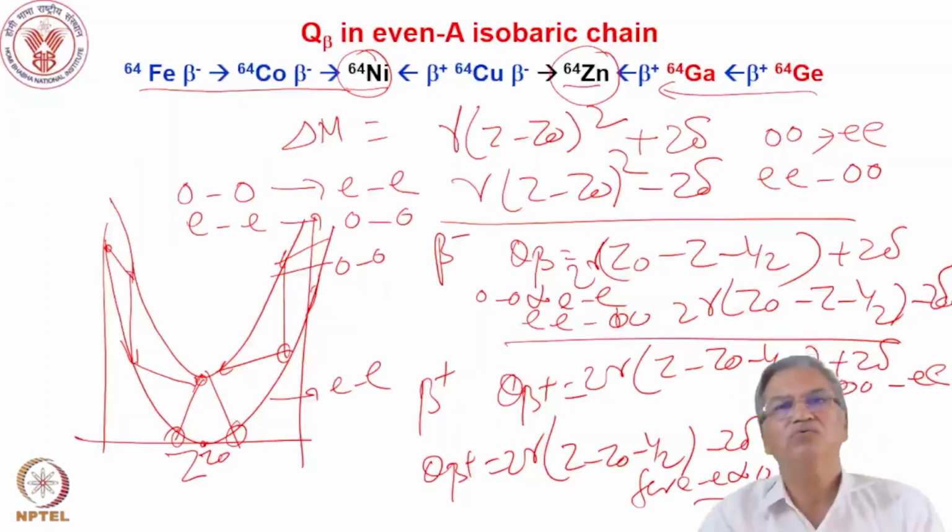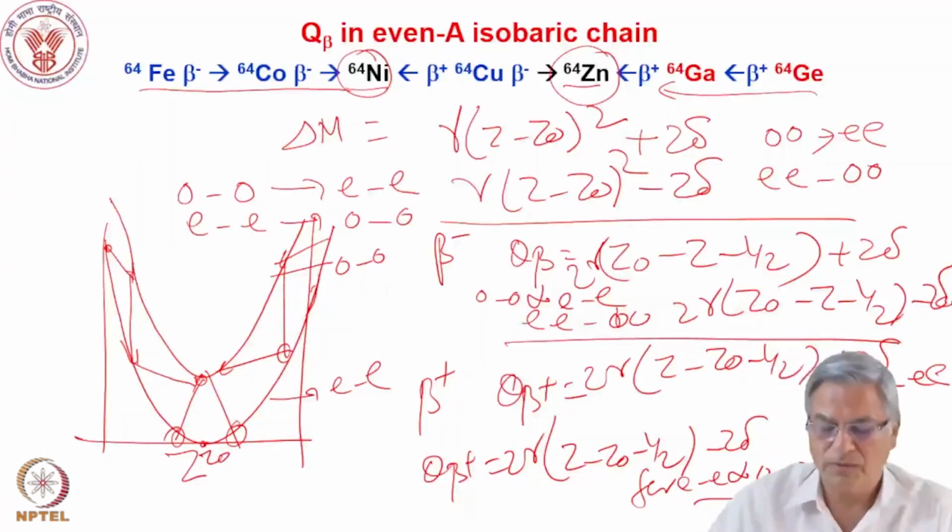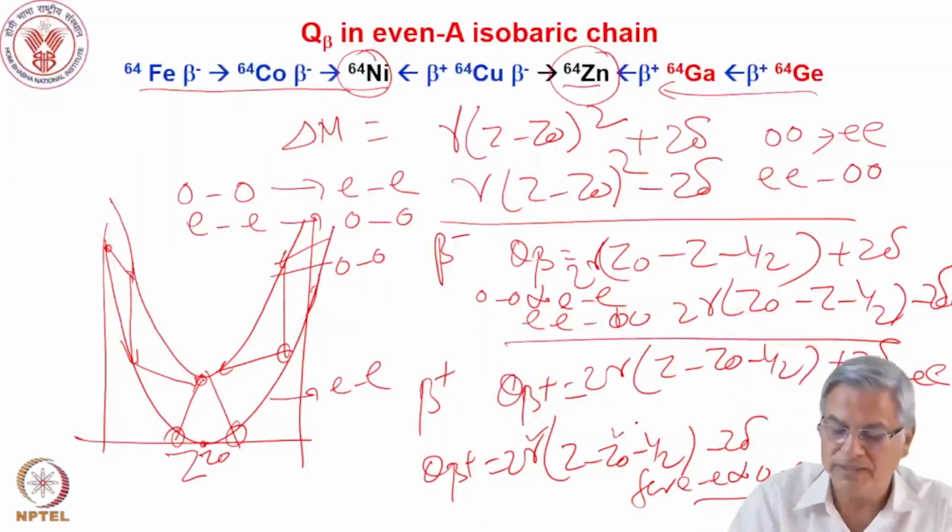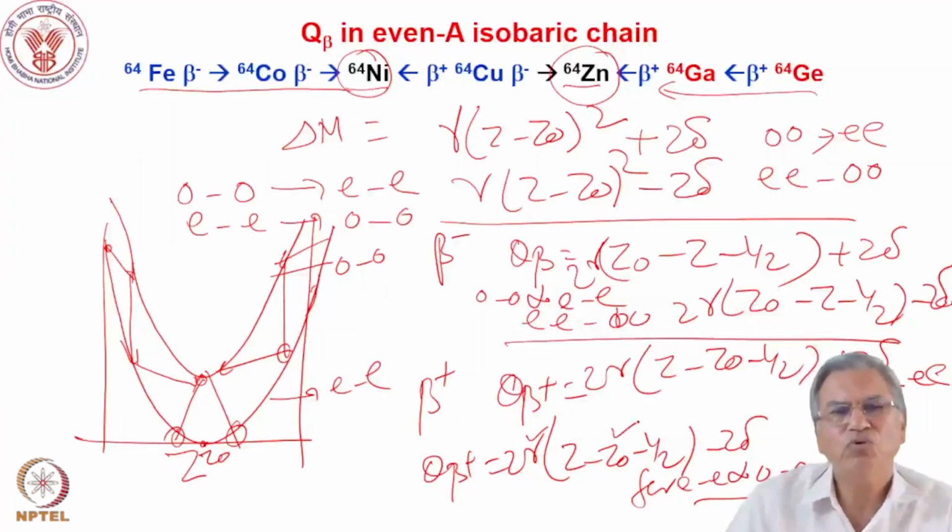So this is how you can write the Q beta in terms of the local constants gamma and Z0. And if you know the Q beta values for two decays in an isobaric chain, then you can calculate gamma and Z0, and thereby you can calculate the Q beta for any other decay in the isobaric chain.